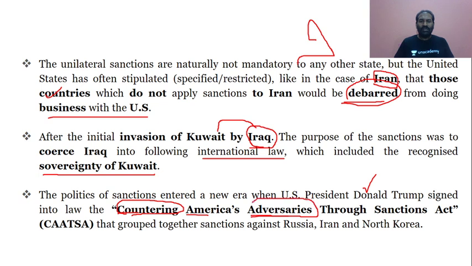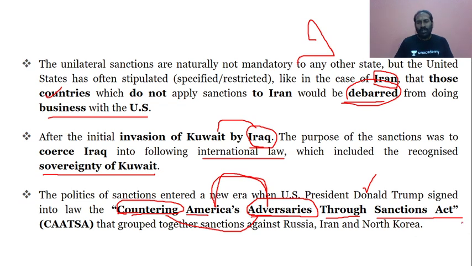Adversaries, in the sense of those who are not friends, almost equivalent to being an enemy. The ones who are an enemy to America, the US wanted to counter through the Sanctions Act. I suppose now you have understood it very clearly.